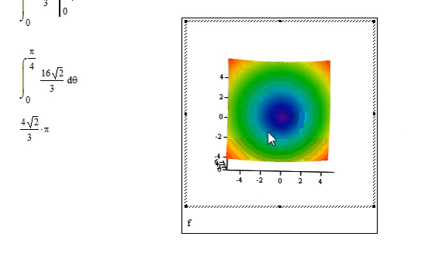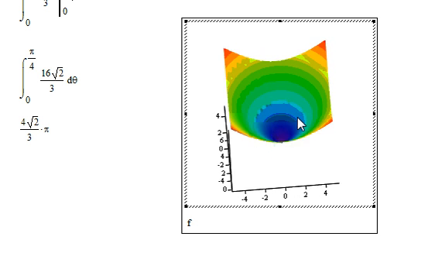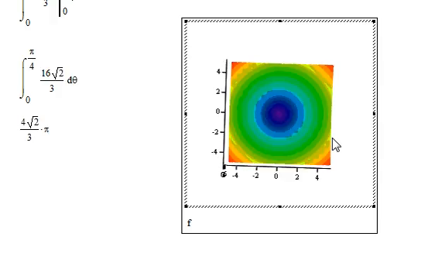Picture in hand, what we have here is this cone, and 2 square roots of 2 would be, well, the cone would be about to there. That's how much of the cone we're talking about relative to the r values.